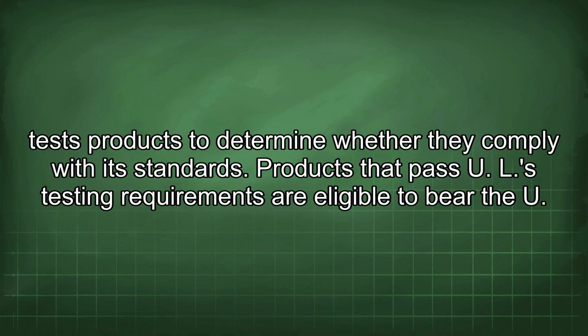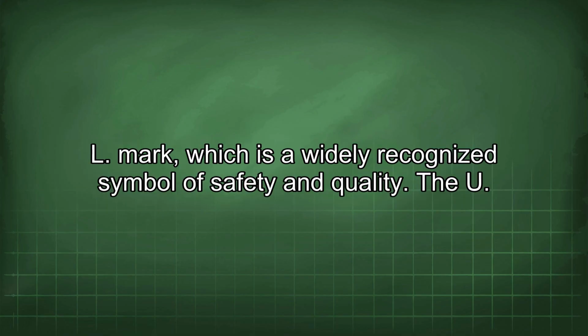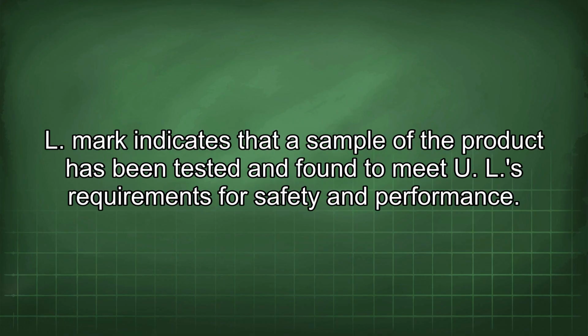UL tests products to determine whether they comply with its standards. Products that pass UL's testing requirements are eligible to bear the UL mark, which is a widely recognized symbol of safety and quality. The UL mark indicates that a sample of the product has been tested and found to meet UL's requirements for safety and performance.